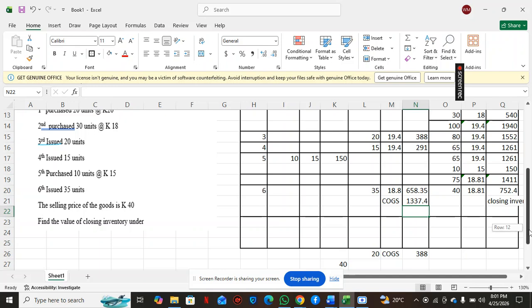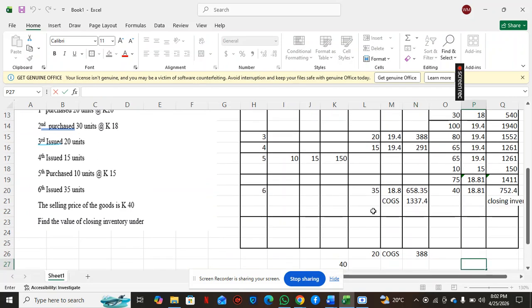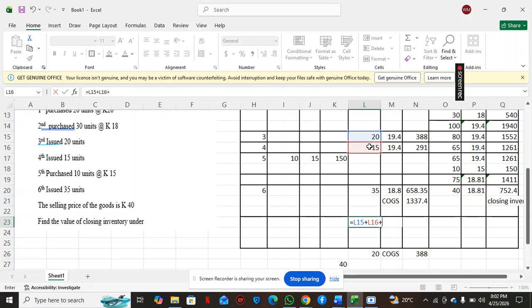Then the sales revenue. We find out how many goods we sold in total: 20 plus 15 plus 35.